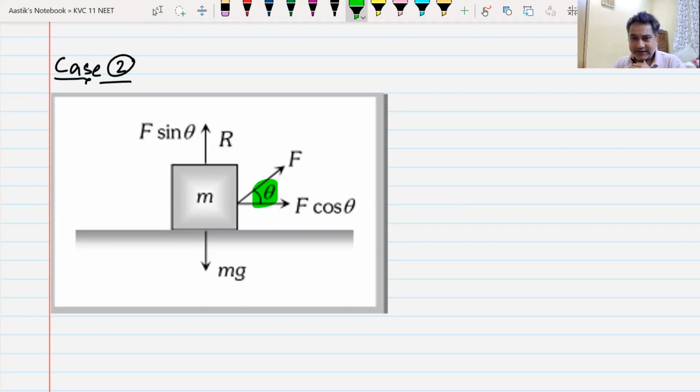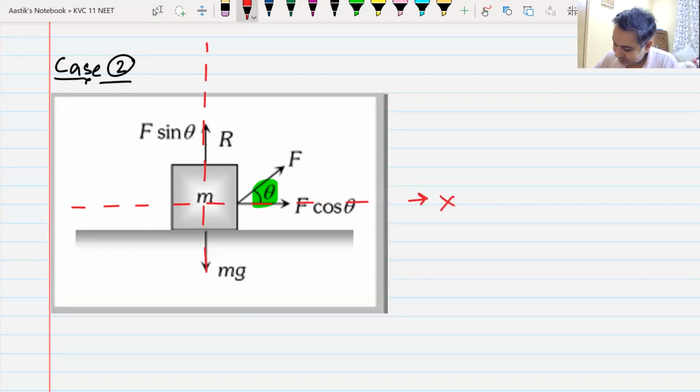Now what happens in this case is whenever you solve any question, you have to draw one axis as x-axis and one axis as y-axis. In most cases, you take your horizontal axis as x-axis and your vertical axis as y-axis if it is kept on a horizontal ground. Now this force is not coming along horizontal and vertical, so you will have to resolve it.